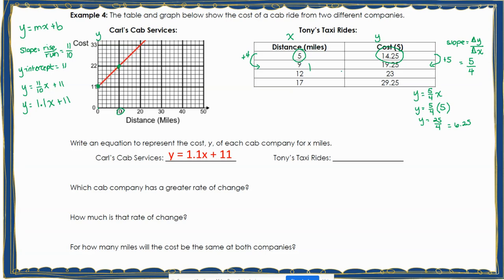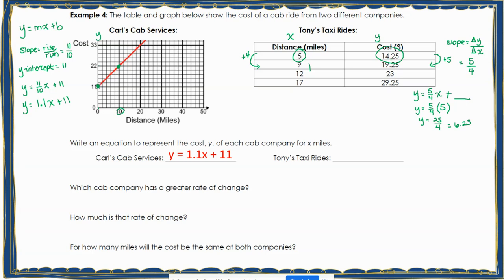So what do I do? Well, at this point, I need to ask myself, what would I do to 6.25 to get to 14.25? We know that our slope is correct, but we have to either add or subtract something so that we can get 14.25 as our y value.